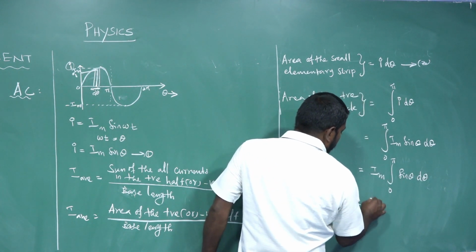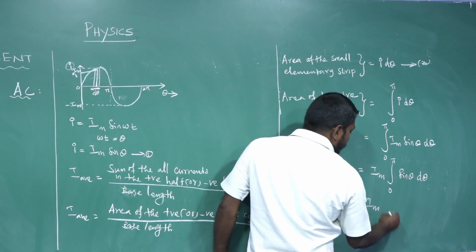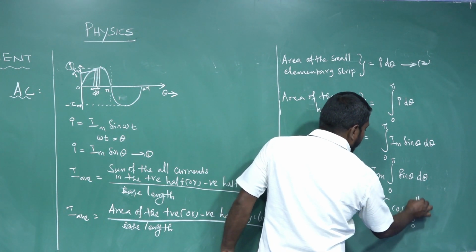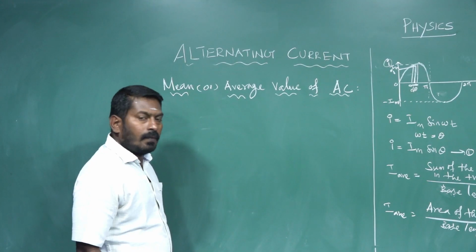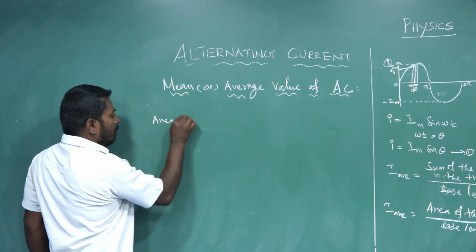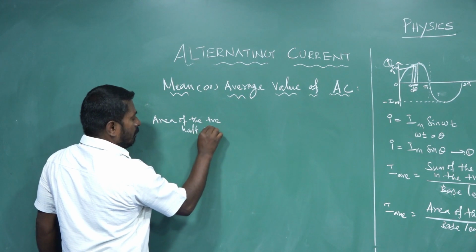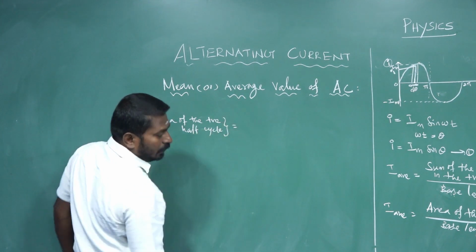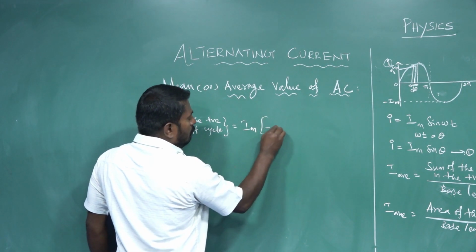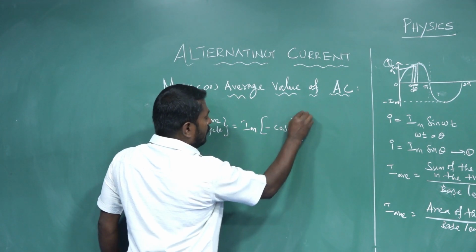So this is equal to Im times the integration of sin theta d theta, which is minus cos theta, from 0 to pi. Area of the positive half cycle is equal to Im times minus cos theta from 0 to pi.